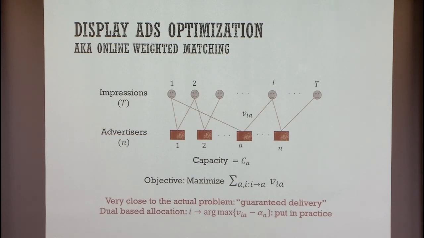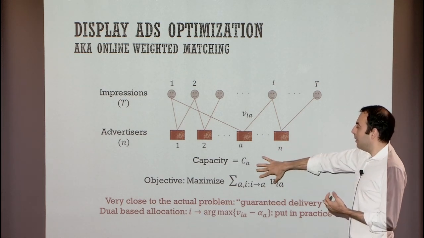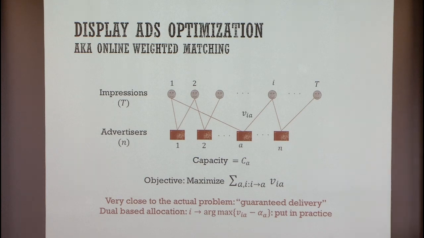It was also generalized later to display advertising. In the case of display advertising, the setup is a little bit different. Usually the advertisers sign a contract with the publisher, and the publisher guarantees a certain number of impressions. So, I'm going to show your ad at least 10 million times over the next month or so.